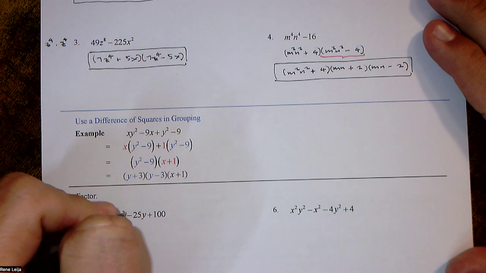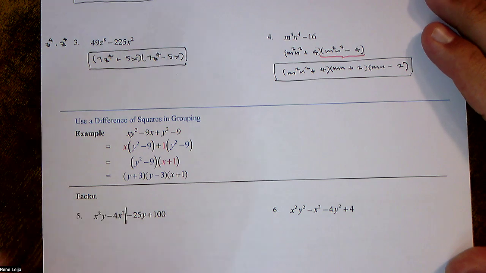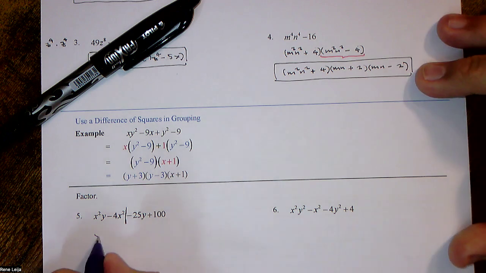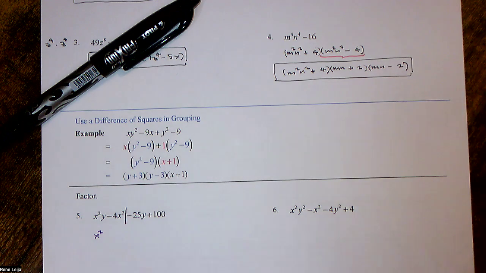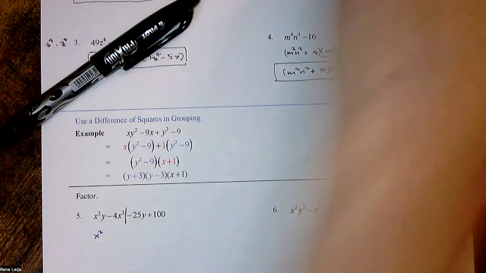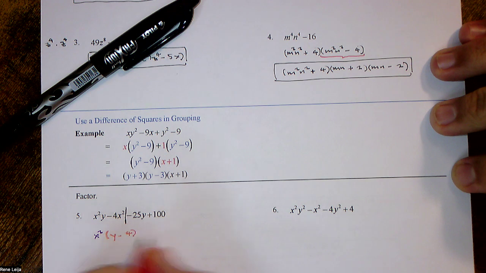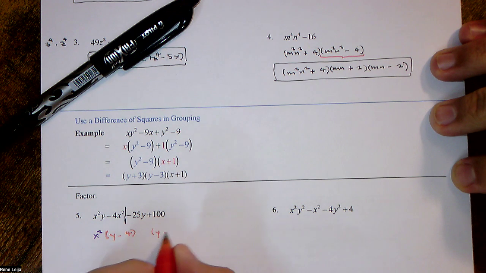So we're going to go ahead and cut this in half. Now I can take out an x squared, and I'm left with a y minus 4. So that means I better be left with another y minus 4 over here.